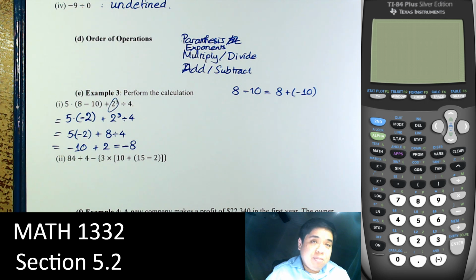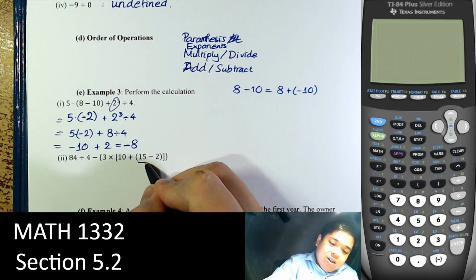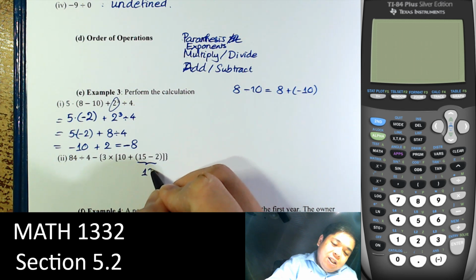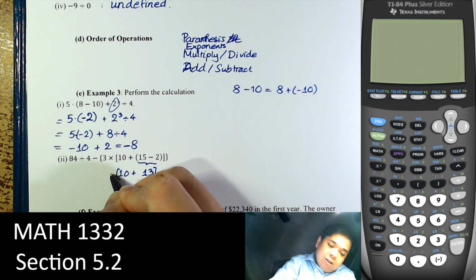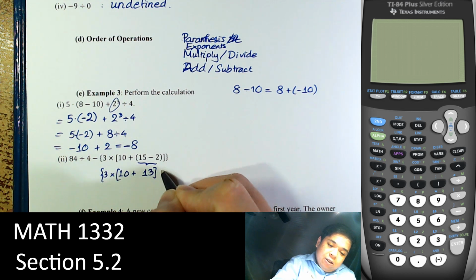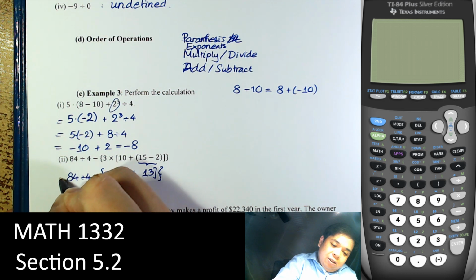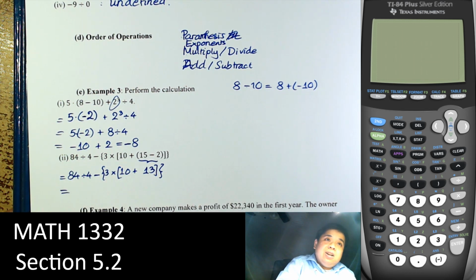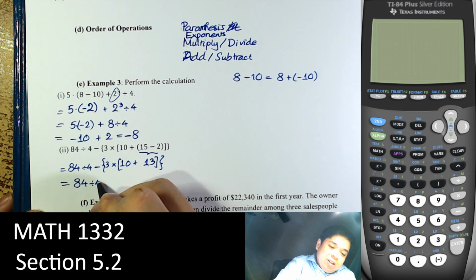Now this next example, I'm just going to demonstrate that when we have a bunch of different parentheses, there's always inside first and then out. So we do this first. That's 13. 84 divided by 4.